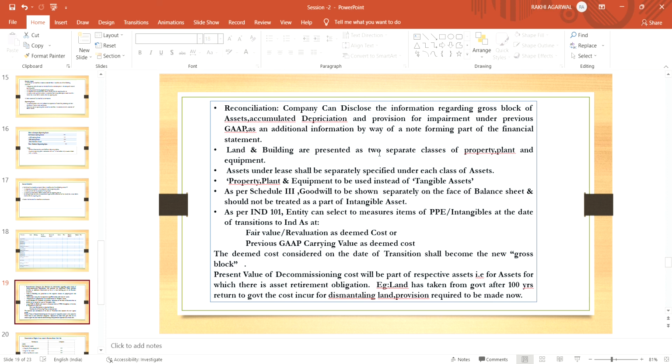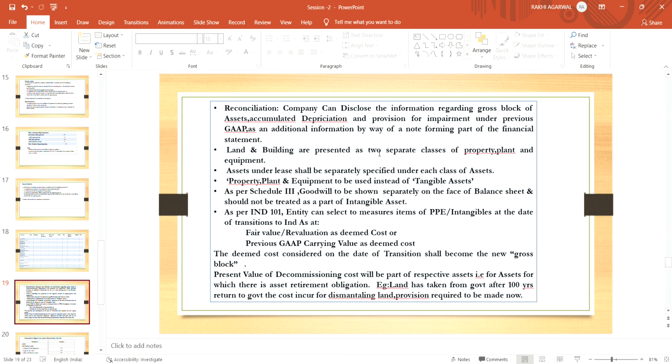As per Schedule 3, goodwill to be shown separately on the face of balance sheet and should not be treated as intangible. As per Ind AS 101, entity can select to measure items of PPE and intangibles at the date of transition to Ind AS by either method: fair value as deemed cost or previous GAAP carrying value as deemed cost.